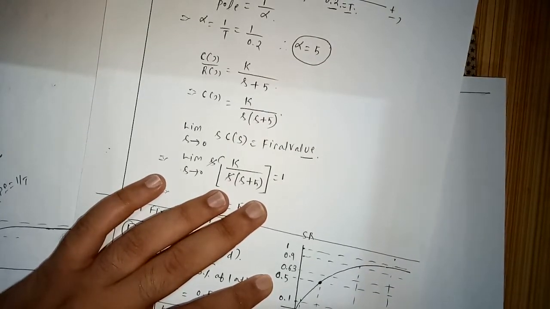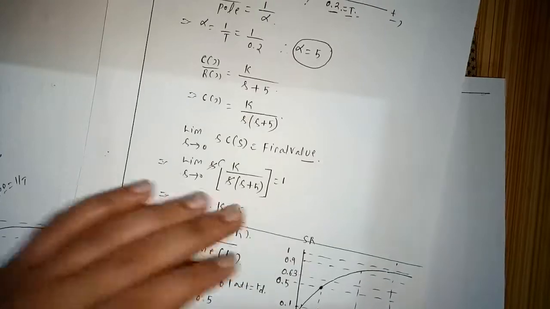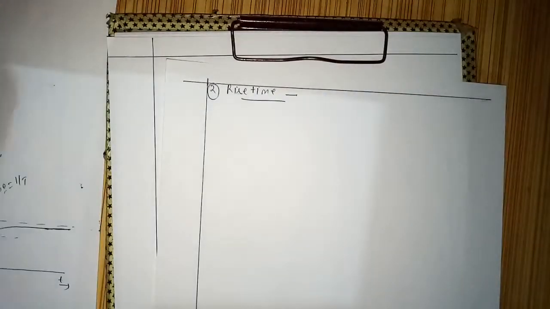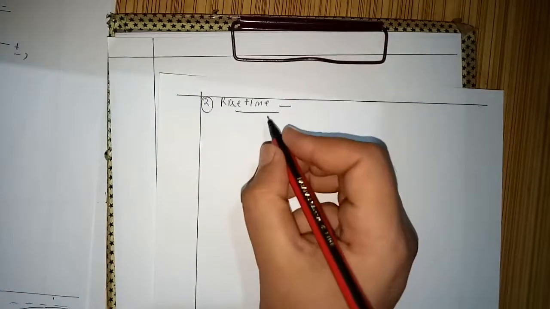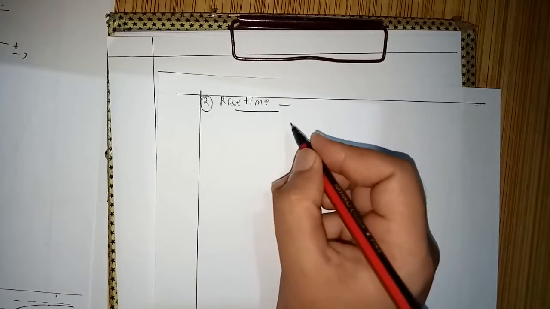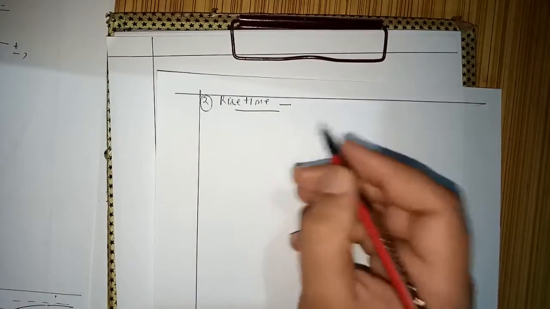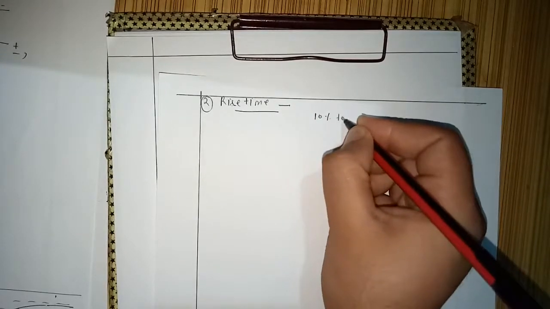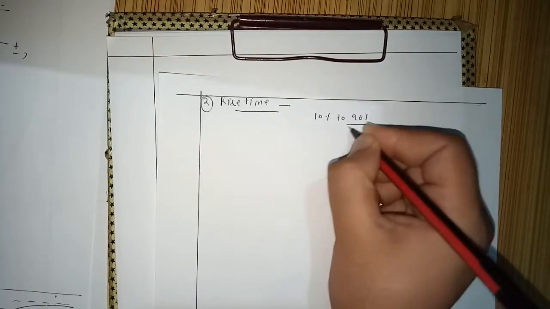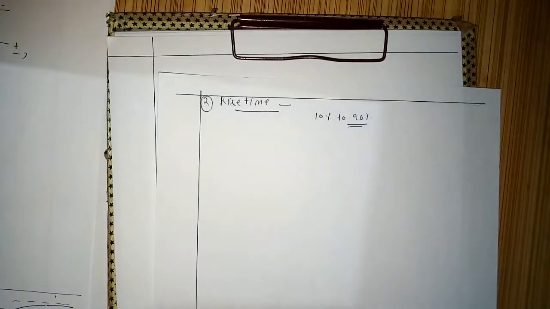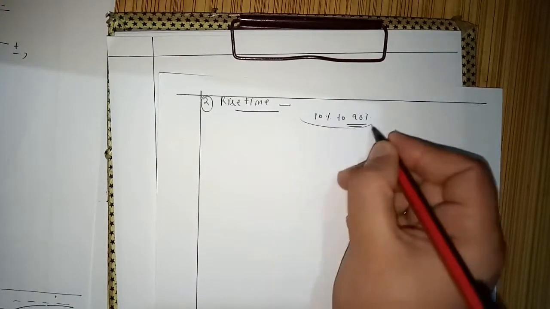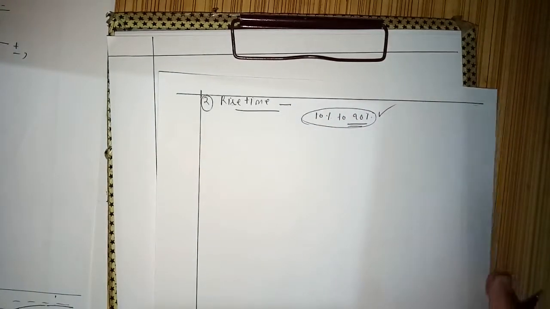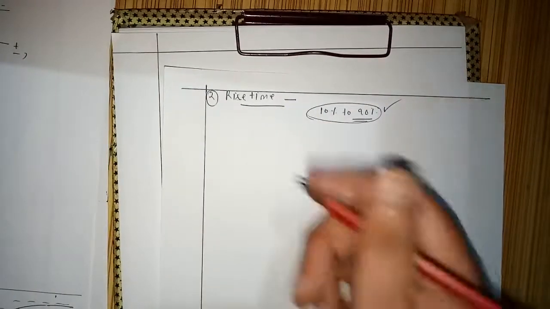So how do I define rise time? Rise time is the time taken by the step response to rise from 10% to 90%. That's how we define rise time.